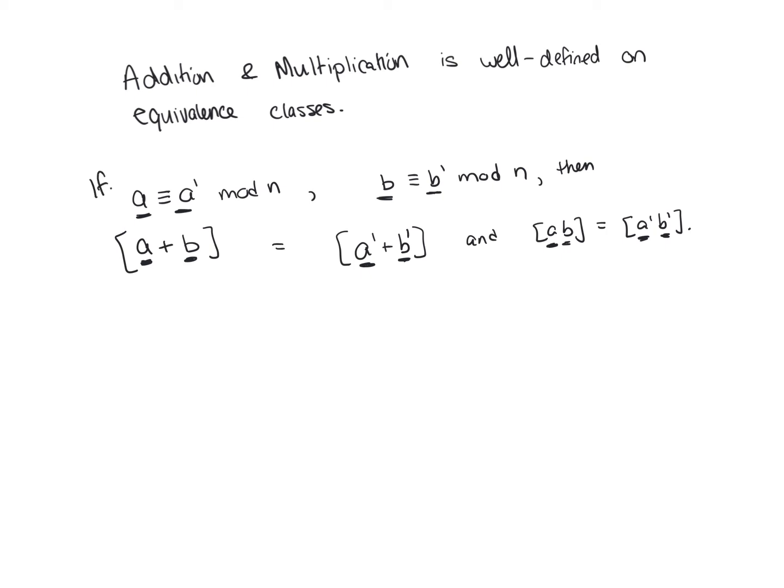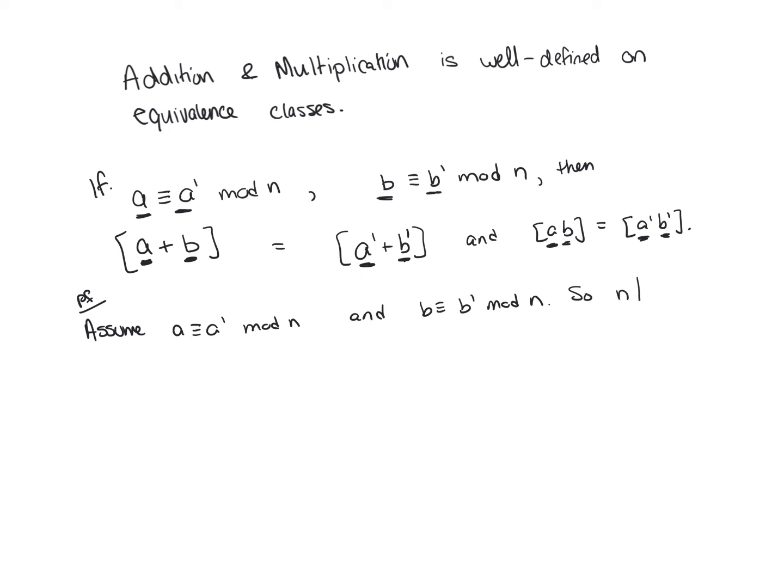Well, it's an if-then, so I'm going to assume that A is congruent to A prime mod n and B is congruent to B prime mod n. So let's go ahead and just say what that means.